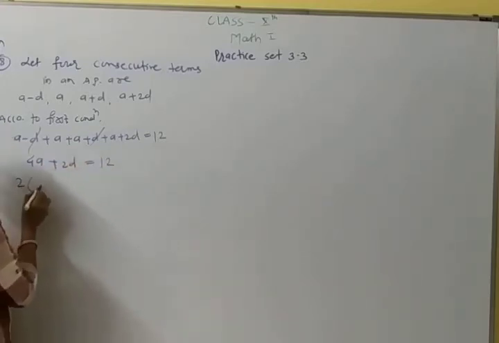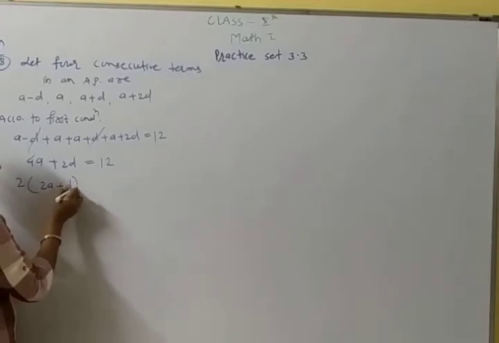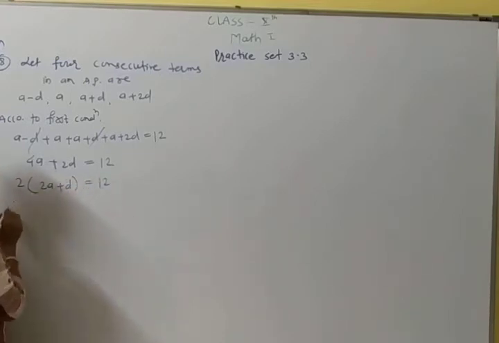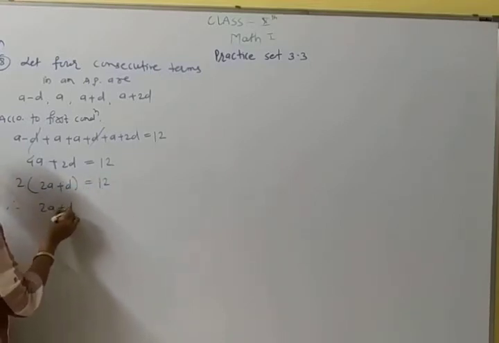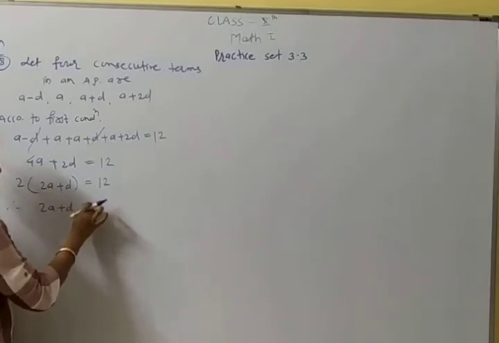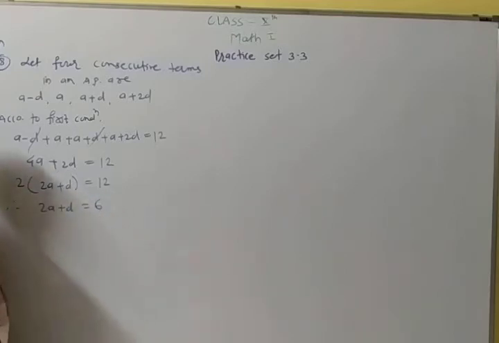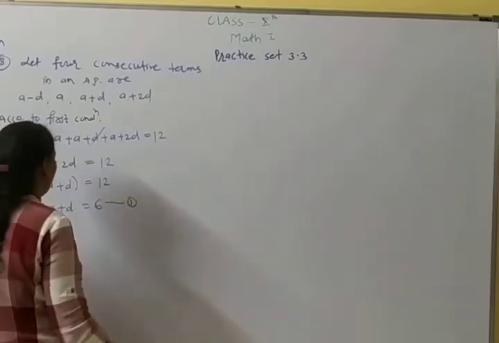Then 2 is common: 2a plus d equals 12 upon 2, that is 6. This is equation number 1.